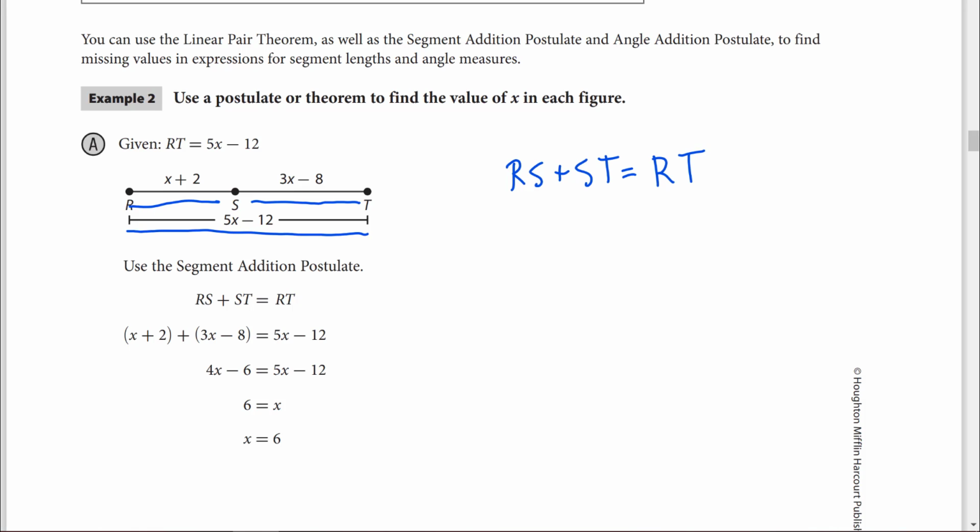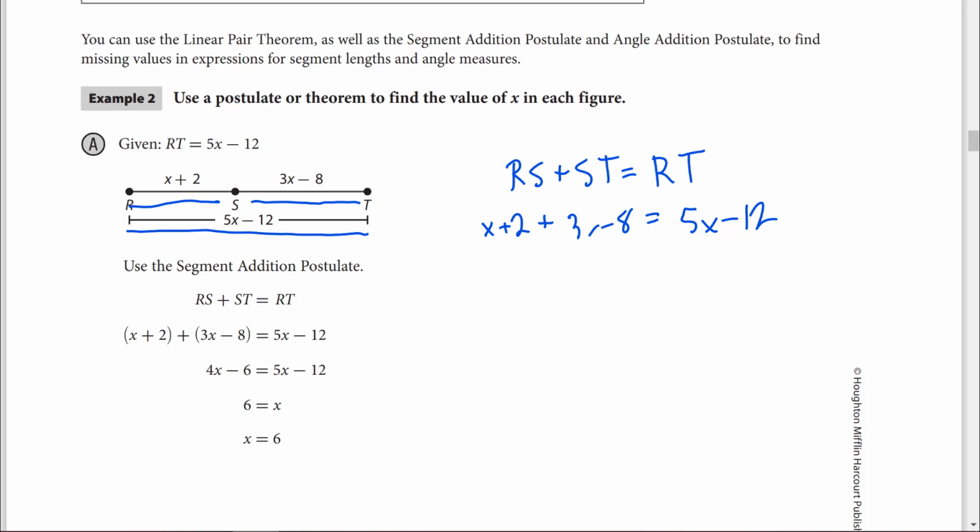So what can we do here? We can use that substitution rule and plug in their formulas. So we're looking at RS is x plus 2. And ST is 3x, so we're going to add 3x minus 8, and that's going to equal RT, which they told us is 5x minus 12.